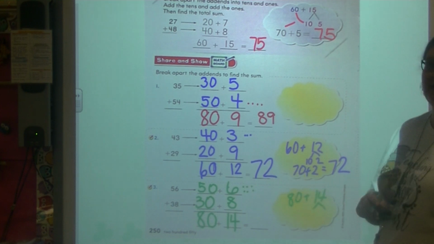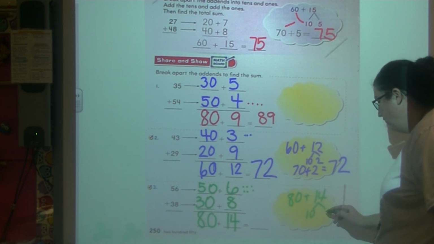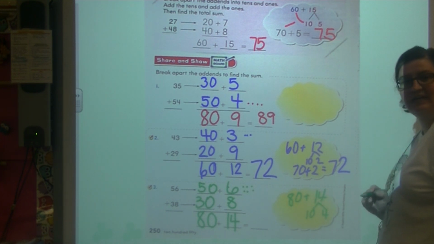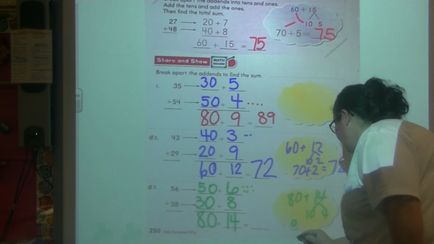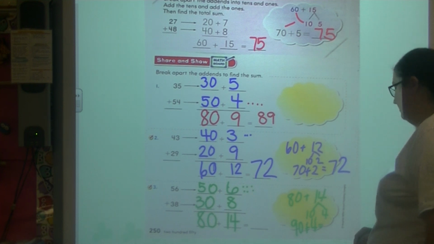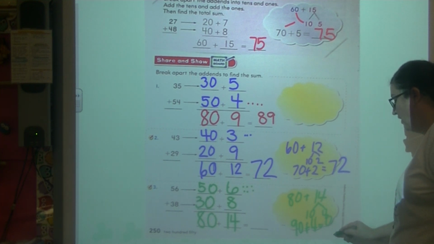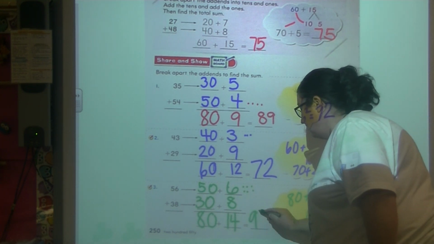All right, 14 is made of 1 ten and how many ones? 4 ones. So what's 80 plus 10? 90. 90 plus 4 equals 94. Our answer is 94.